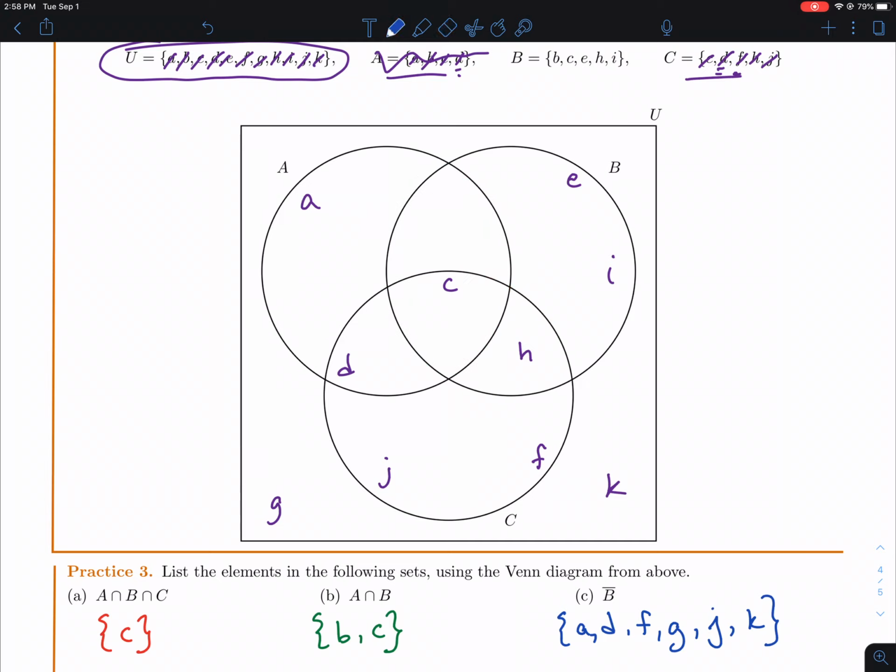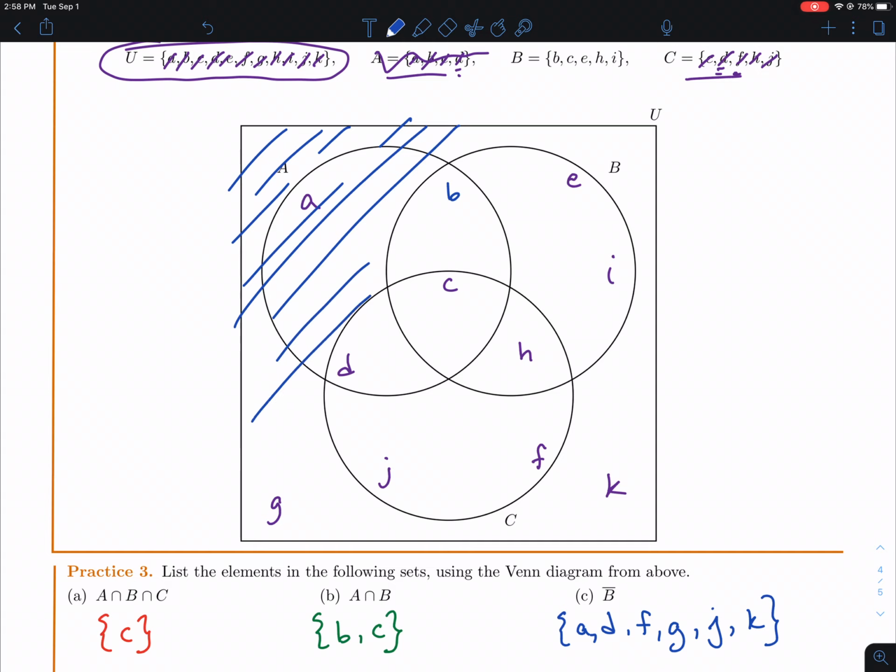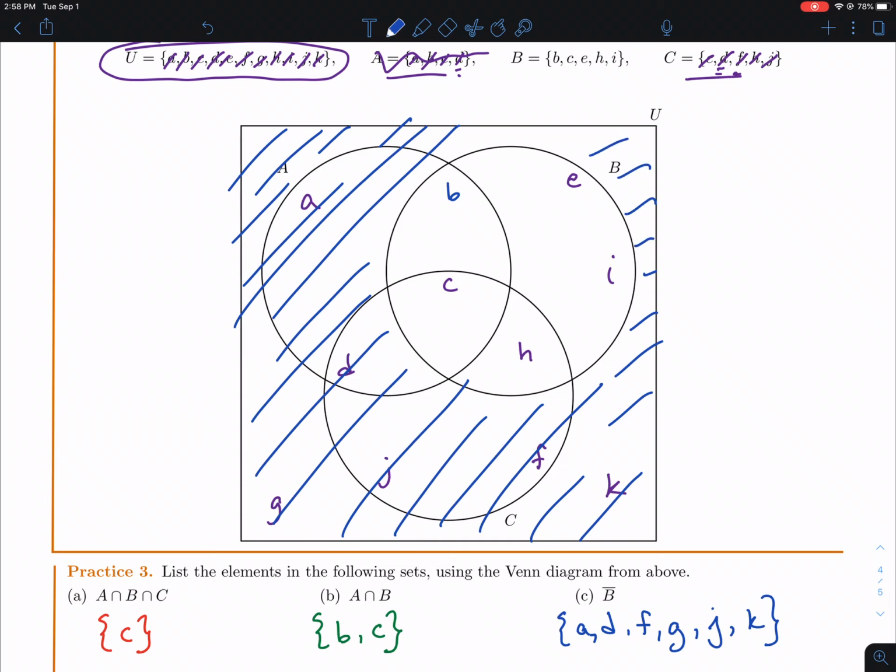Oh, I didn't mean to erase the B. If we were to shade this, B complement would look like all this stuff out here, including A, all this stuff in C. And we can see the only thing that's not shaded is B, C, E, I, and H. Anything in the shaded area, we've got our A, D, F, G somewhere, J, and K. So everything looks covered in that case.